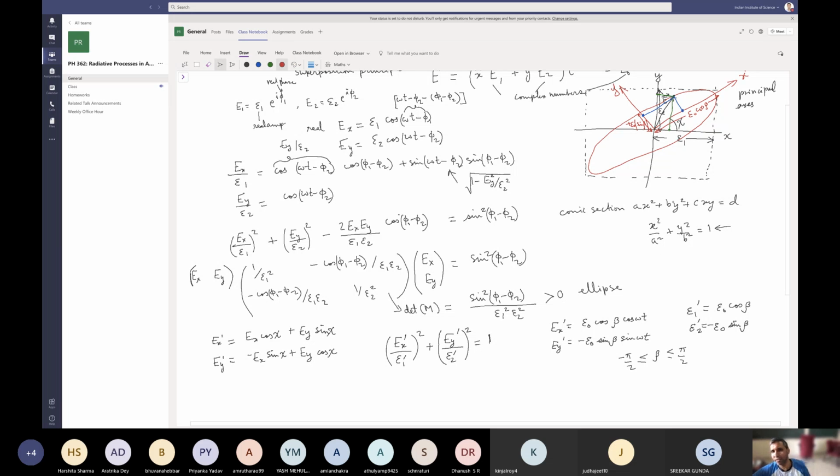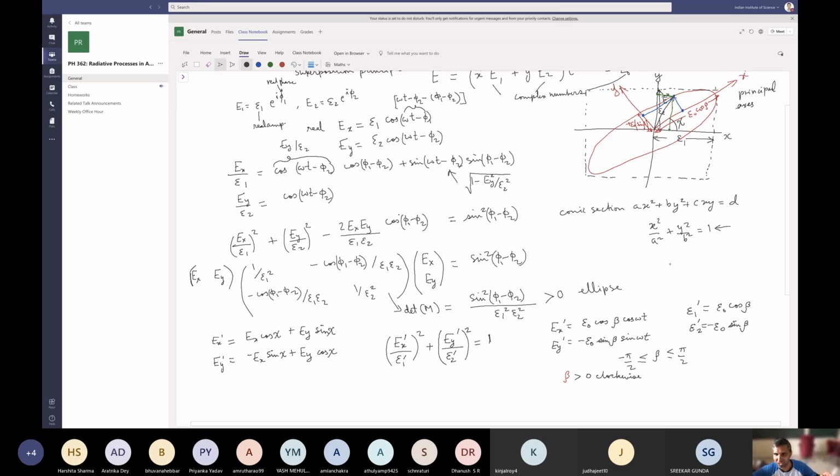And for minus pi by 2 to plus pi by 2, cos beta is always positive. So beta greater than 0 is clockwise motion of the polarization vector, right?